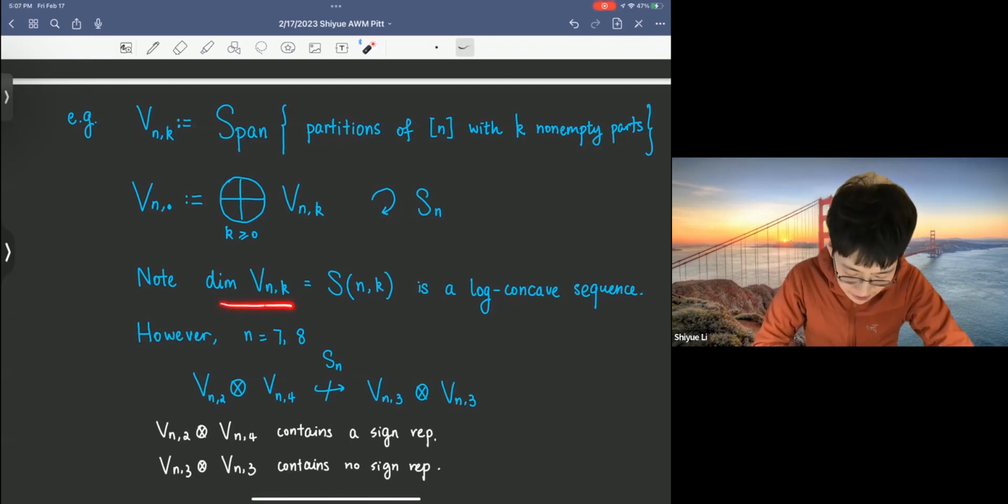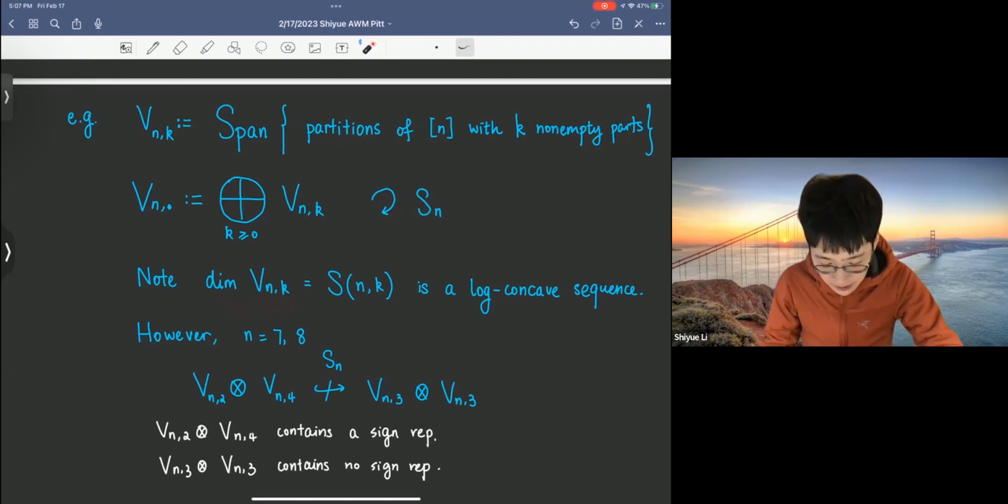Notice that this representation affords an Sn action, and the dimension of this representation is a log concave sequence.